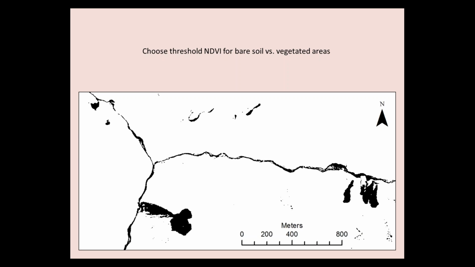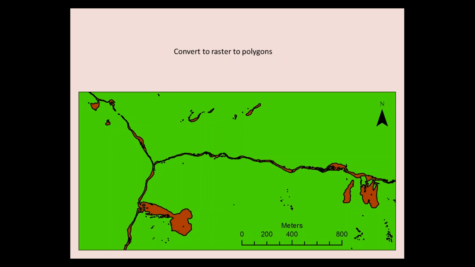And then we can threshold the NDVI image to get basically vegetated and unvegetated areas, and then we can convert that raster to polygons. And so now we have all the unvegetated areas basically, plus water, a few other dark objects, bare rock. It frequently has low NDVI unless it's white.